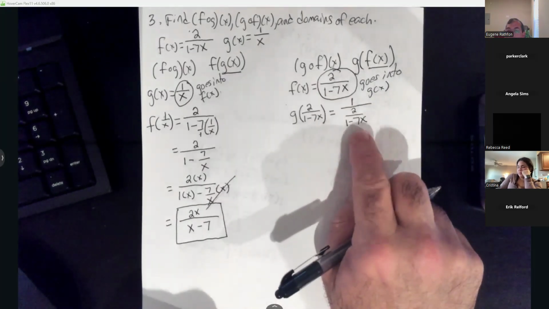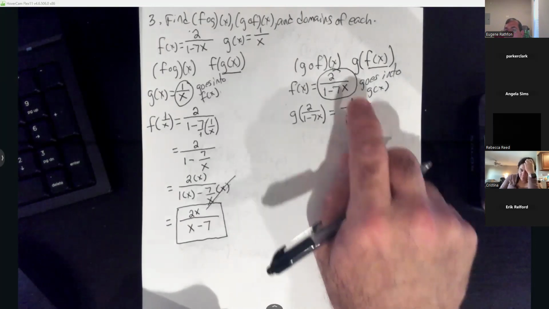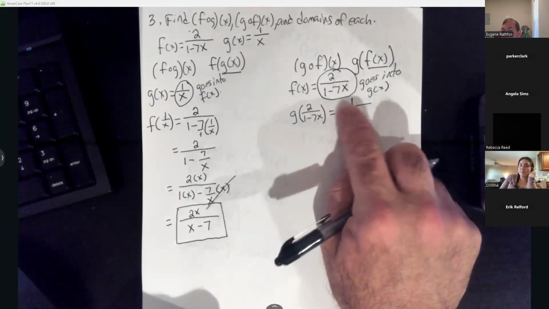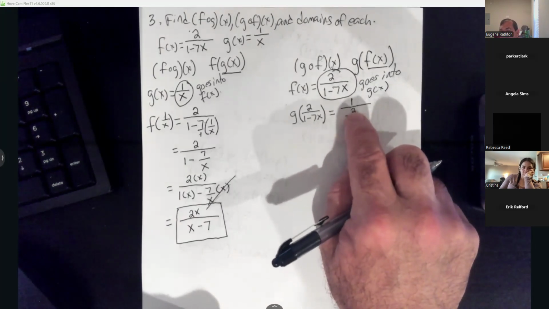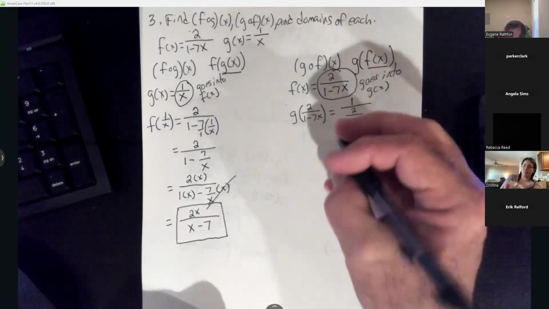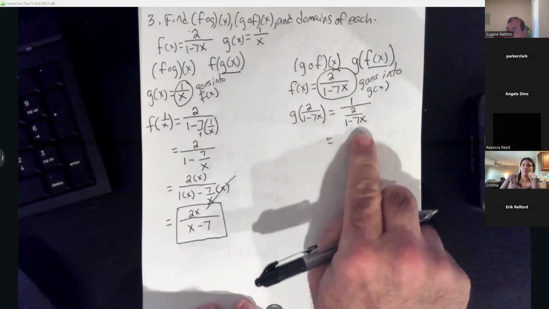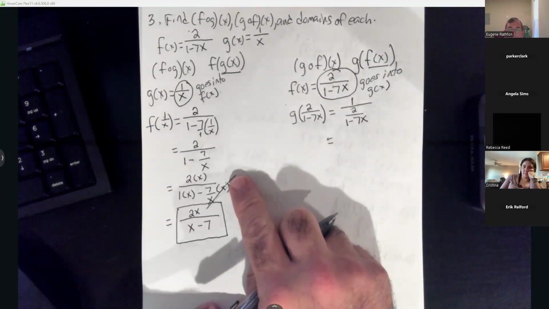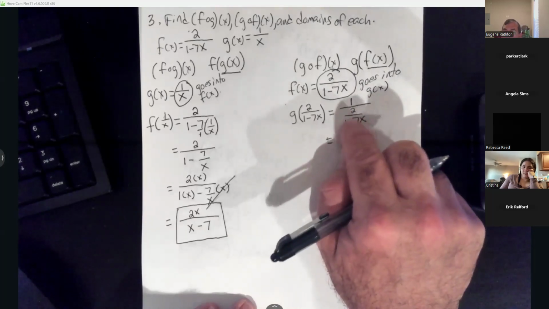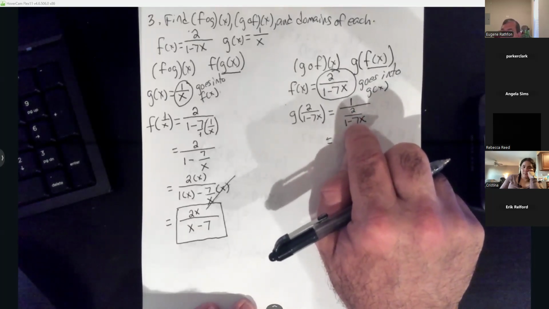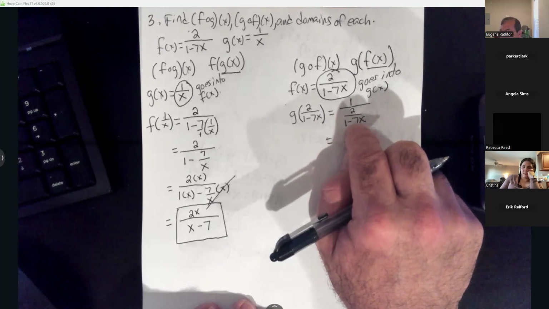Now, this time I'm going to do this one. So I got a 1 on top being divided by this fraction. I don't like this fraction inside of my fraction, okay? So I'm going to do this one the same thing I did here. To get rid of this fraction, I multiplied by the x. Well, y'all, to get rid of this fraction here, I'm going to multiply by the 1 minus 7x.